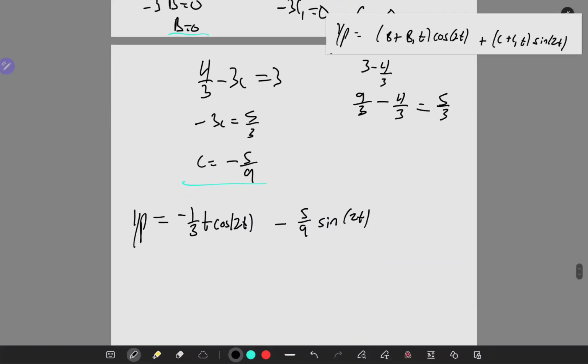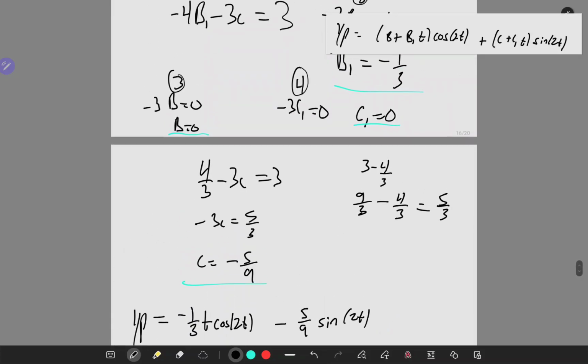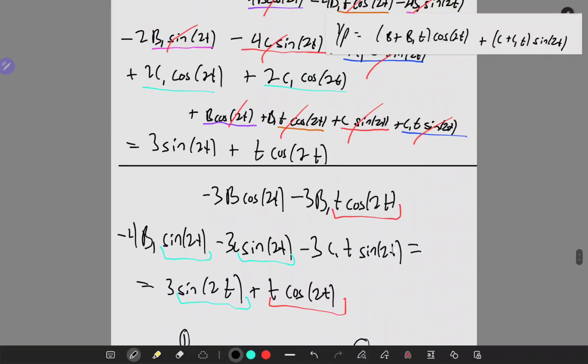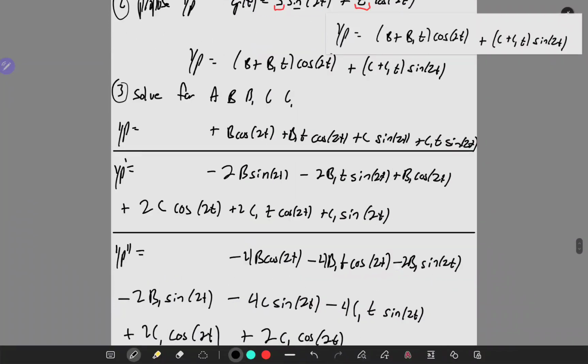So now we do our general solution, step 4. General solution. Y is equal to y sub h plus y sub p, which would be, let me see, what's our y sub h? C1 cosine, C2 sine.